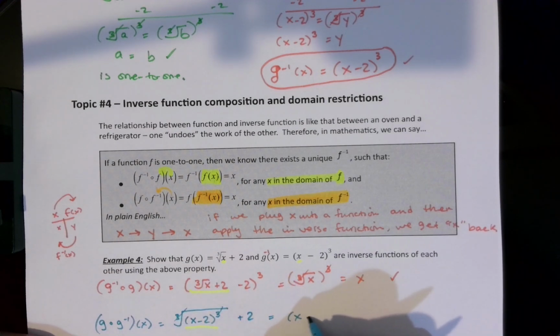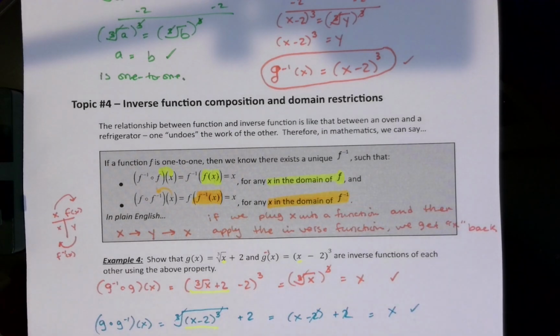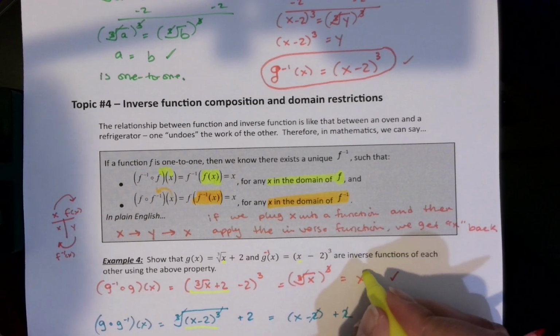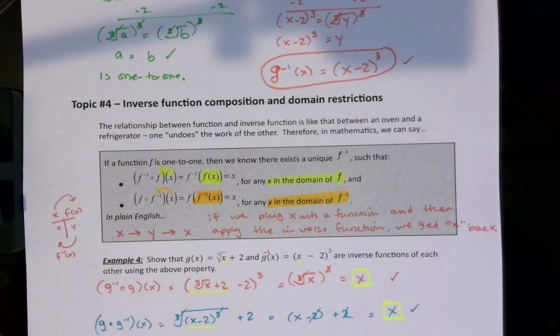It's going to give us x minus 2 plus 2. Again, the minus 2 and the positive 2 will act against each other, and I get back to just x. So this is a way, again, of proving that the functions g and g inverse are truly inverses of each other, because when we compose them in either order, we get back to whatever was plugged in. In this case, x was plugged in. I get back to x.